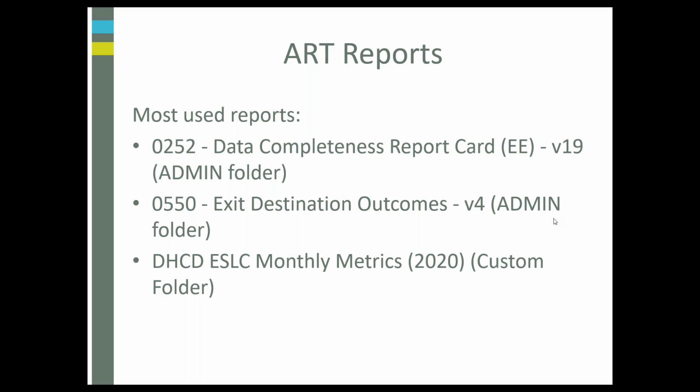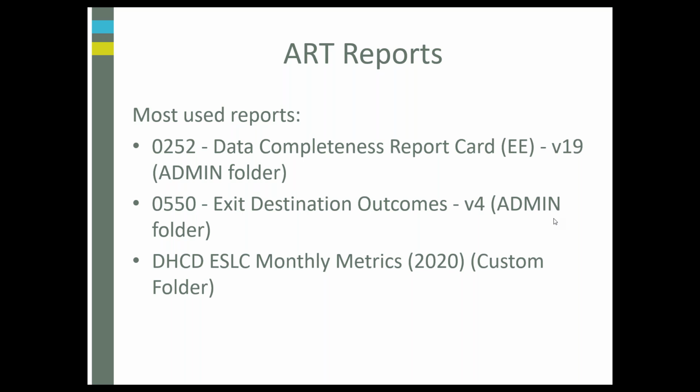We also use a lot the exit destination outcomes report that is also in the admin folder. This is a great way to check the end goal of your project. Are we moving people into housing? And so this will give you a really good sense of what that is looking like.